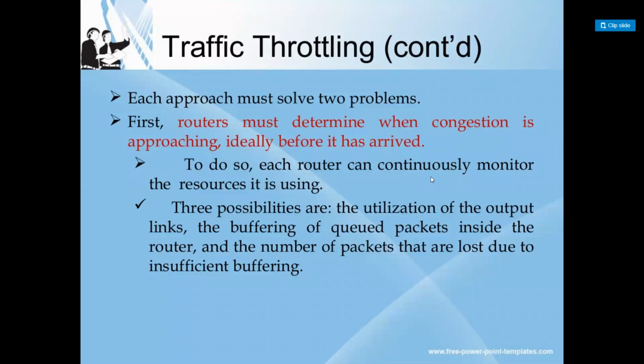And the third one is the utilization of output links. These three are the possibilities that cause congestion, and they must be watched by the router. If these three are watched by the router, it can identify when congestion may occur.